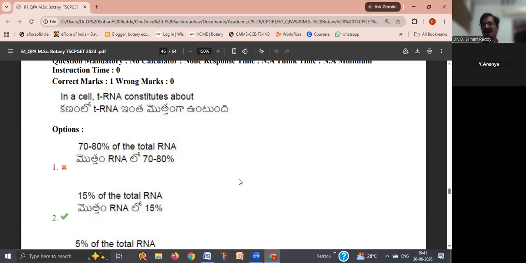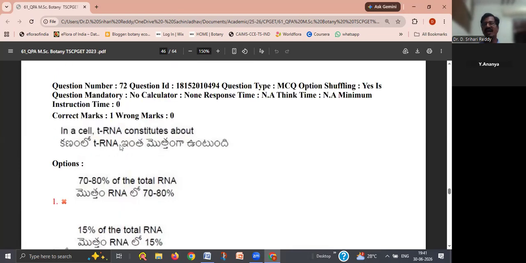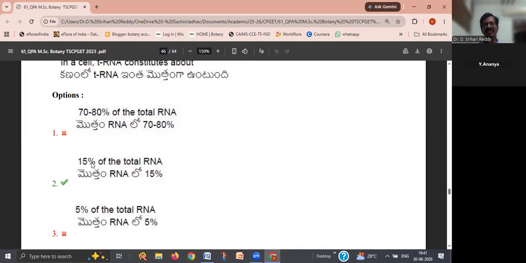So it is more than 80% in the cell, and 10 to 15% is tRNA, and 1 to 5% is mRNA. So the right answer is 15%: out of the total RNA, tRNA occupies around 15%. That is the right answer.